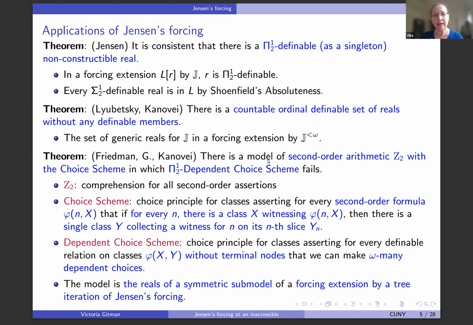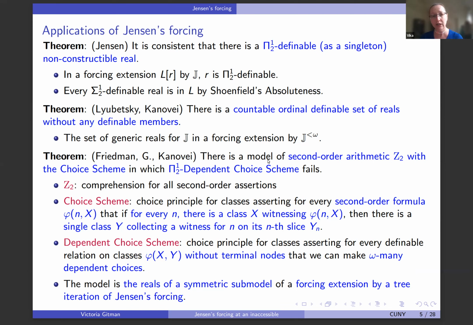So this Π^1_2 definability was crucial for his applications. Okay, so why did Lyubetsky and Kanovei prove their theorem? Well, the following became a very popular question on MathOverflow: can you have a countable ordinal definable set of reals without any ordinal definable members?